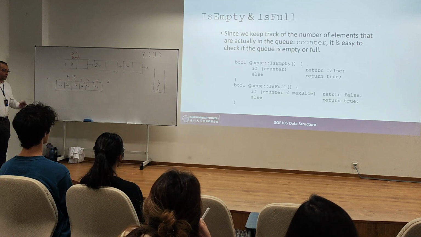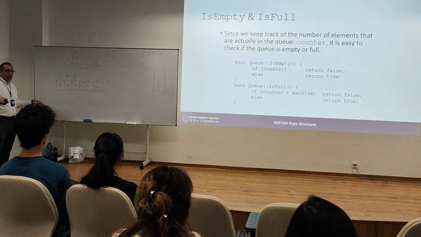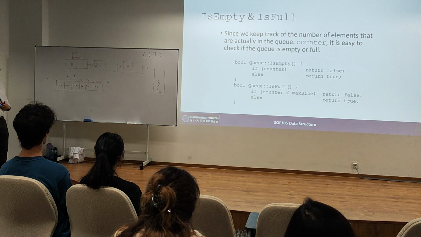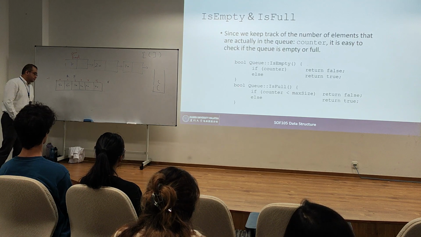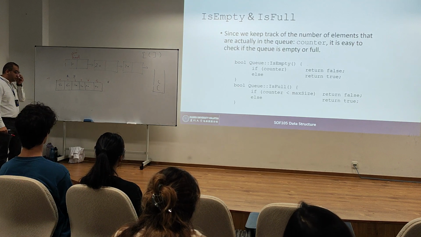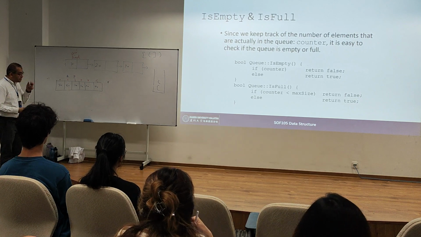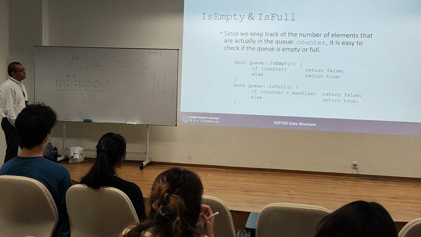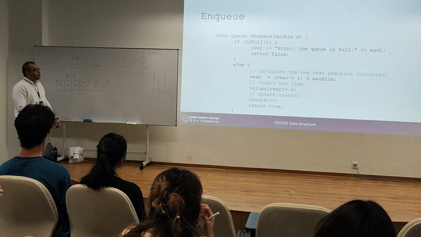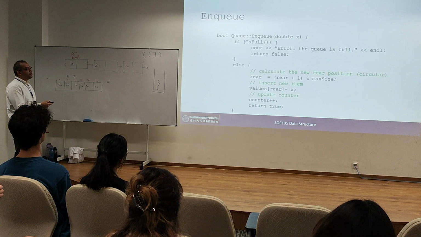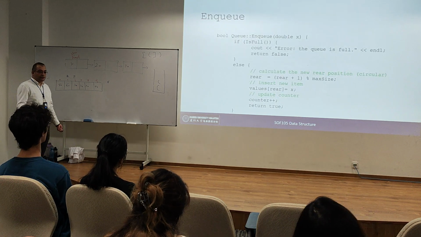Where are we going to use the functions is empty and is full? In the beginning. When I want to enqueue, which one do I use? Is full. When I want to dequeue, which one do I use? Is empty. And that's it. All right? So the first function is enqueue. What do I need? Double X, right?